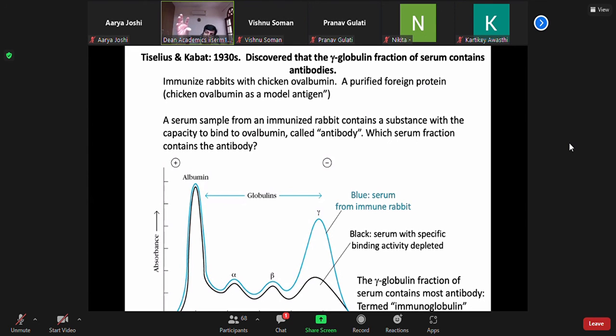Serum was collected from animals which were immunized with chicken albumin, right? And in this serum, they added this antigen, waited for some time, centrifuged it, and collected only the supernatant. And they resolved it under the influence of an electric field.